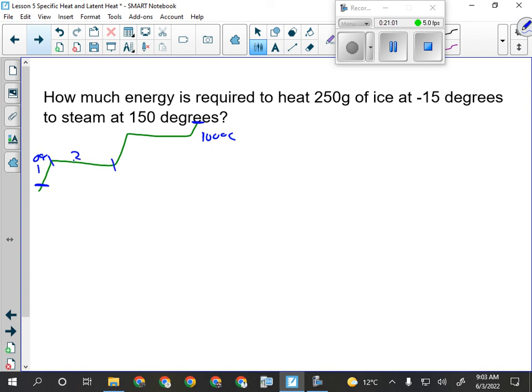That's step 2. Once I've melted the ice, then I've got to do this. What's happening here? I'm heating up the water. That's step 3. Okay, then there's this. What's happening here? I'm evaporating the water. That's step 4.